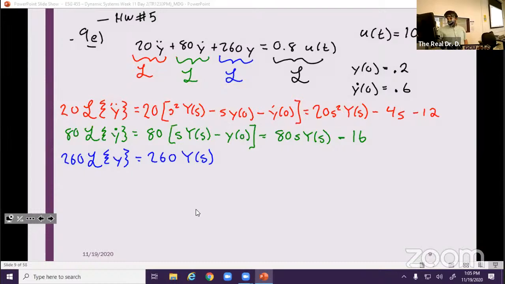So really, this is the Laplace transform of this times 8, because 0.8 times 10, and 80% of 10 was 8 the last time I checked.